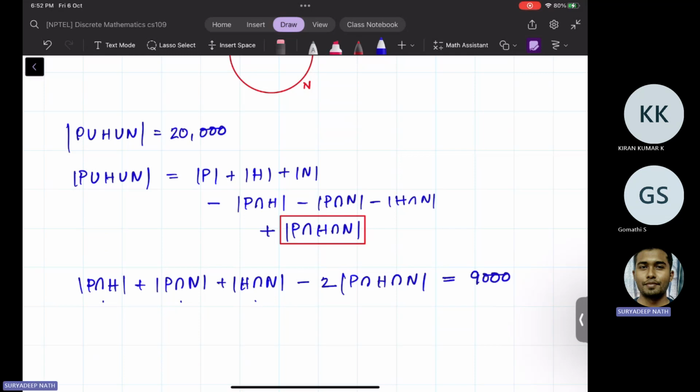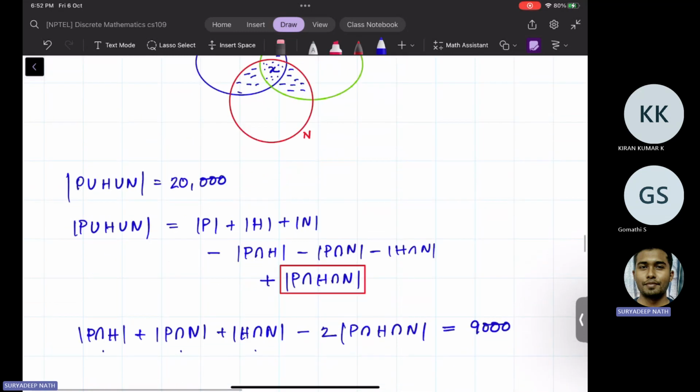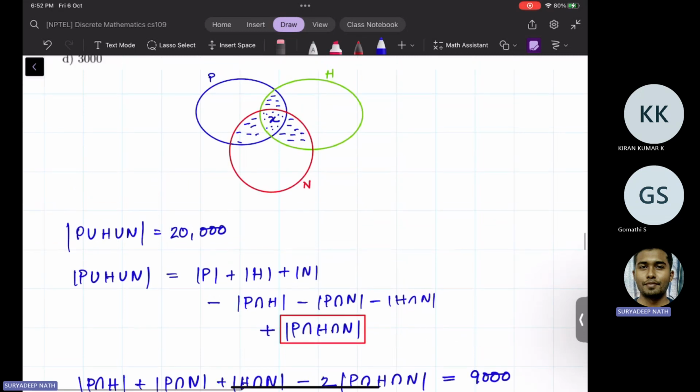So this is 9,000. When I am doing P intersection H, I am considering this region, that is the region I am considering when I am considering P intersection H. There I am considering both the dashed portion and the dotted portion.